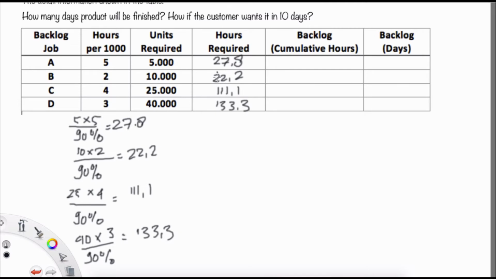Now we have the hours required. For job A, the hours required is 27.8, which comes from 5 divided by 90%.